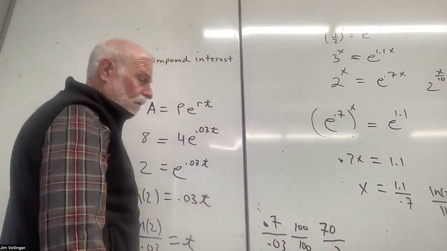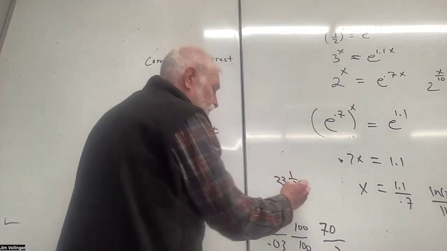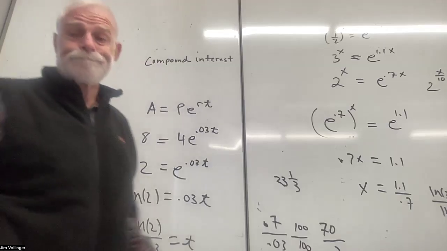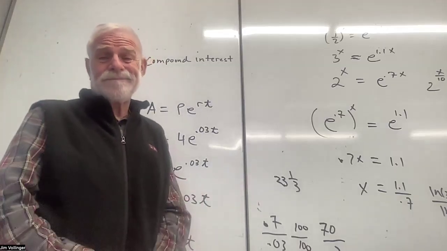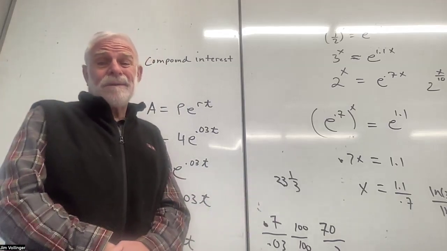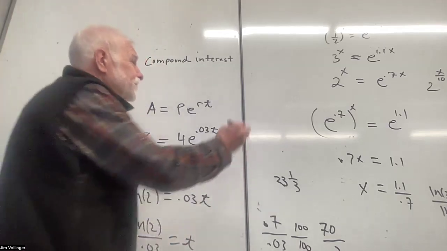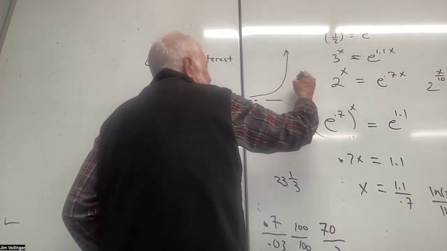And so I now know that it's going to take me 23 1/3 years for that $4 to double. Yeah, it's a long time to wait for $4 to become $8. But the thing about compound interest, exponential functions, is eventually they take off.